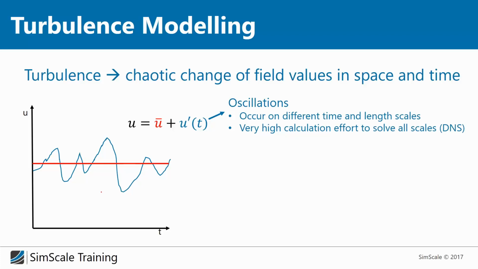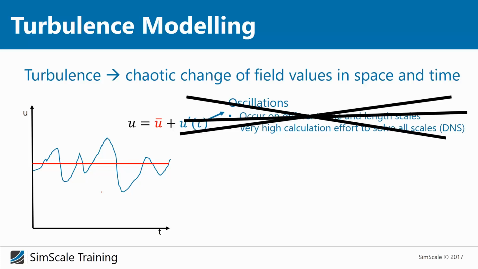And DNS simulations are not practicable. Even the fastest computers in the world would need years to calculate a DNS simulation just of the flow around a single building. We are talking here really about one of the most complex things you can do with computers. So this is not an option for us.